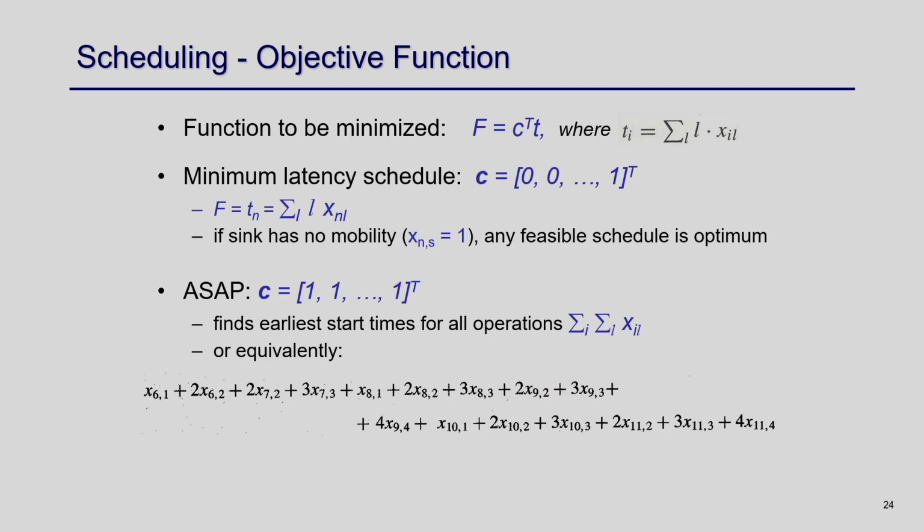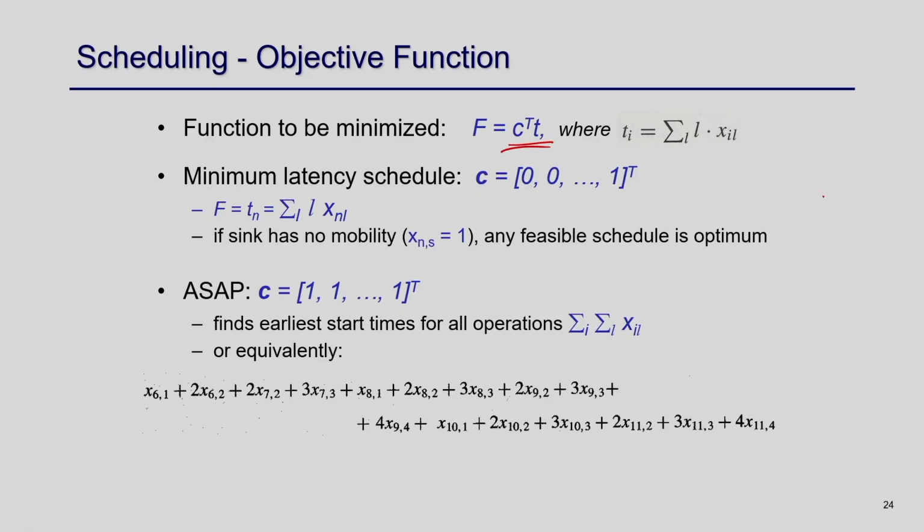So far, I have these variables x i l which determine the start time of each operation, and I have discussed 4 types of constraints. One is that the start time must be unique, next is the precedence or dependency constraint, the resource bound and the latency bound. Now, what could be the objective function? As I mentioned, it is given by the sum of c t into t, where t is the start time of the operations.